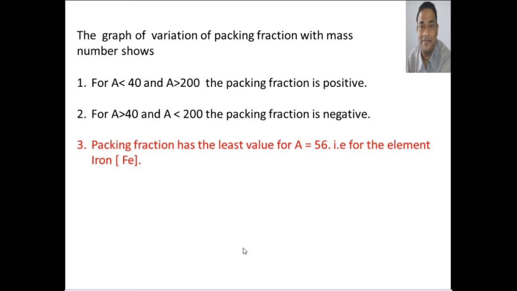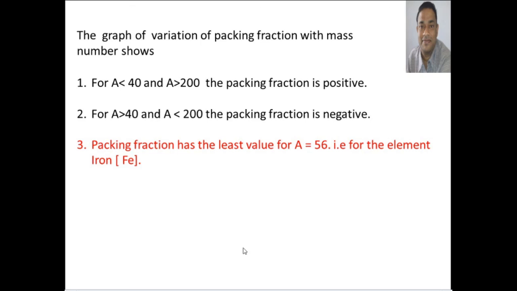The graph shows that for all the elements with A less than 40 and A greater than 200, the packing fraction is positive. And for all the elements with A greater than 40 and A less than 200, the packing fraction is negative.